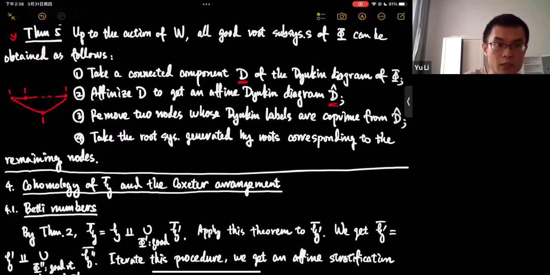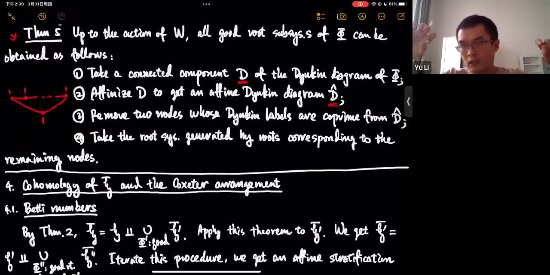For example, in type A, the Dynkin labels are all 1. In type B, almost all the Dynkin labels are 2, except one of them, which is a 1. Type C, the same. In type D, the three nodes on the extreme have Dynkin label 1. All the internal ones have Dynkin label 2, etc. Then in step 3, you remove two nodes whose Dynkin labels are coprime.